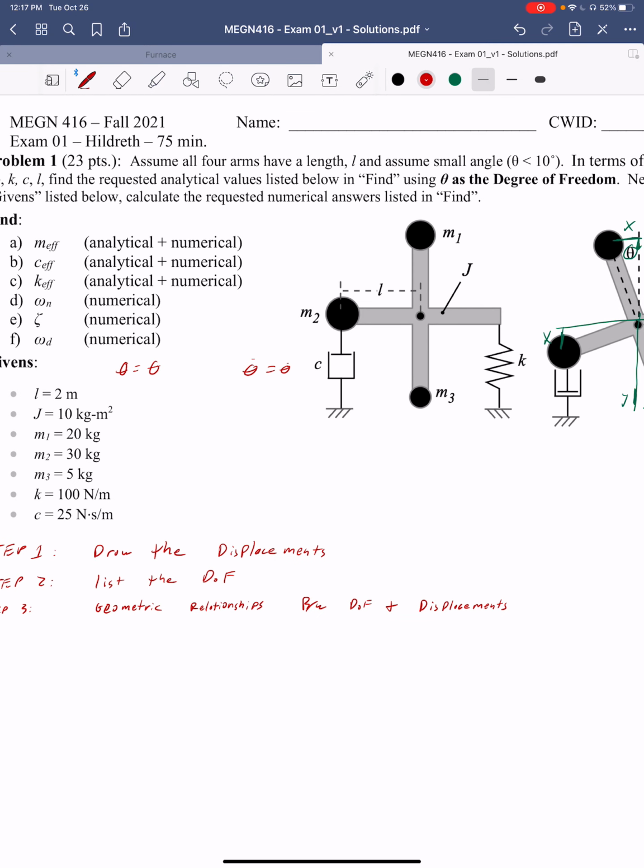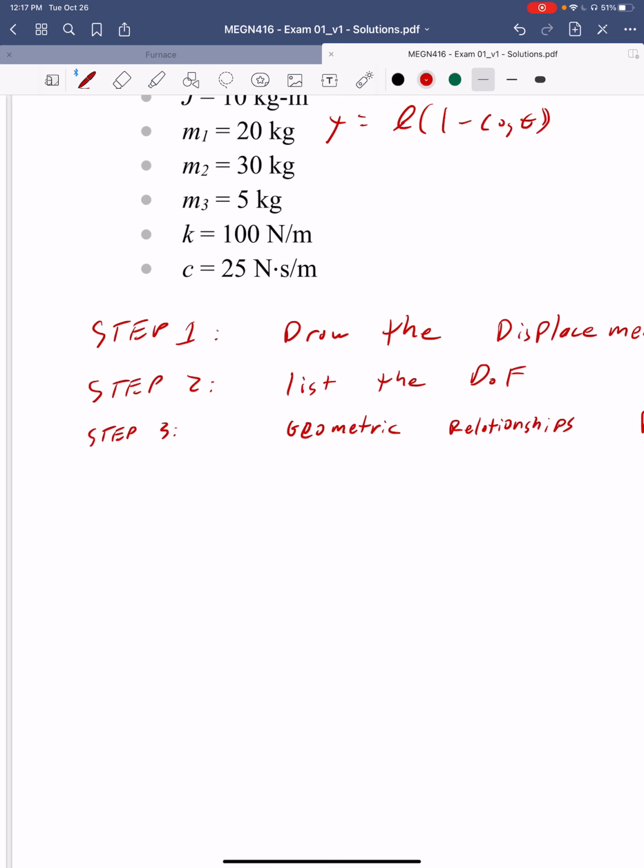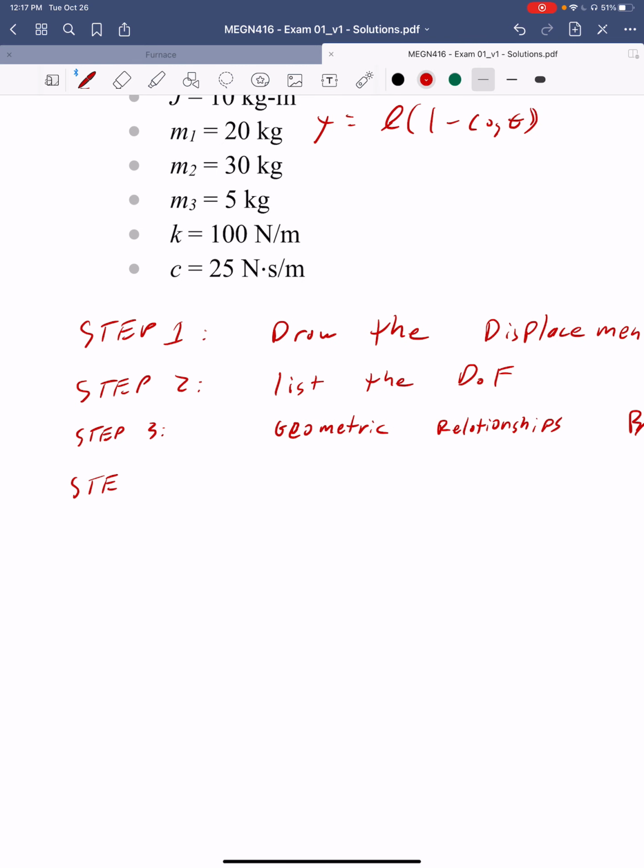An example might be x is equal to L sine theta. x dot is equal to L cosine theta, theta dot. And y is equal to L times 1 minus cosine theta. And that's all the relationships in this particular problem, but problems might have more or less. But we list out what those relationships are. That takes us to step four.